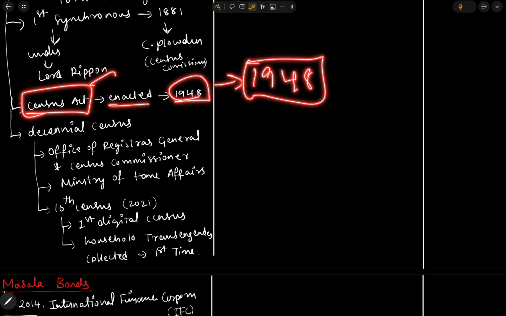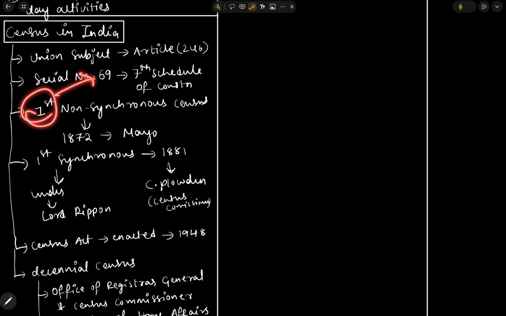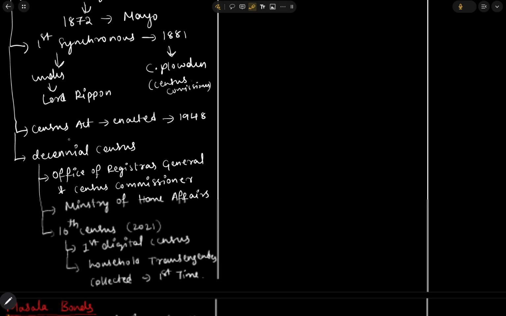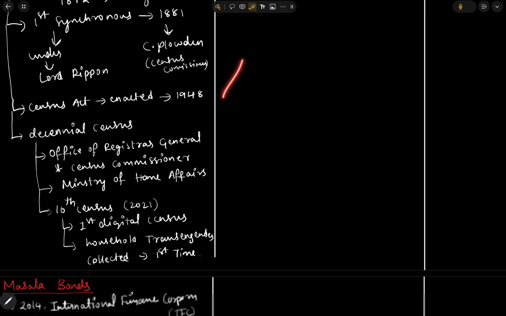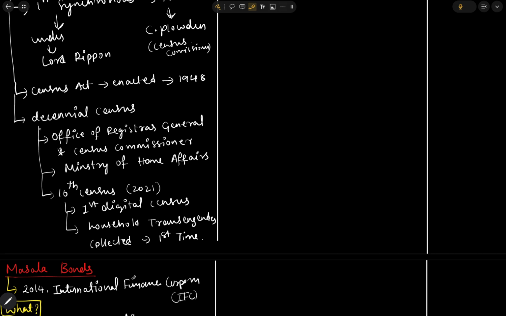The Census Act was enacted in the year 1948. These years are also very important, because they are firsts, and these firsts have a high chance of being asked in our examination. So we need to remember that the first Census Act was enacted in 1948, because there was a lot of discussion about doing the census and the delimitation. Next we have the decennial census.